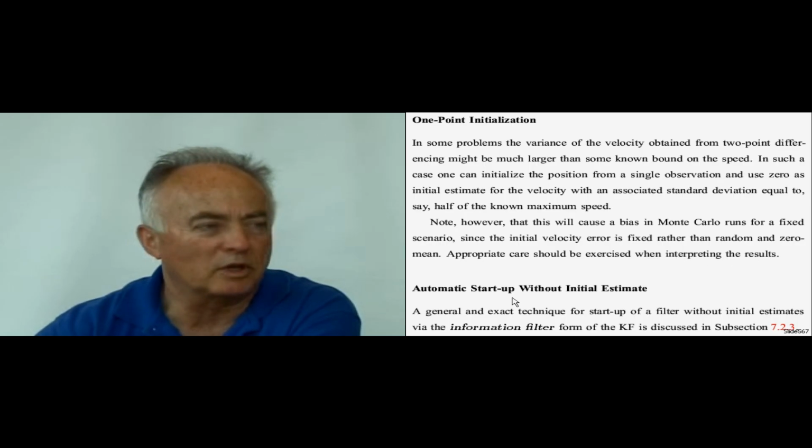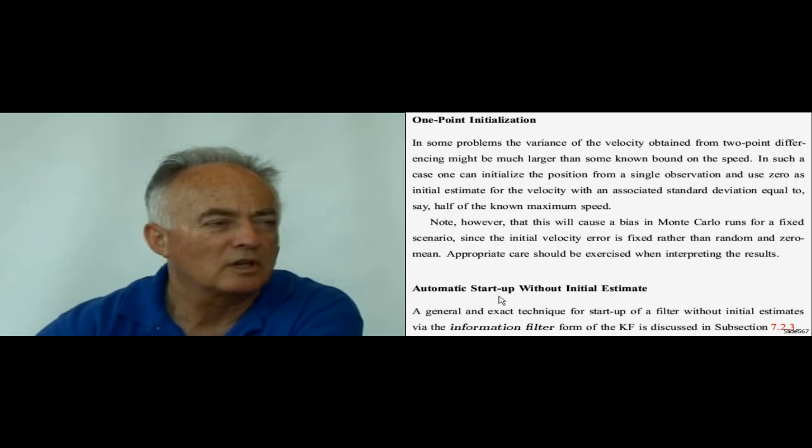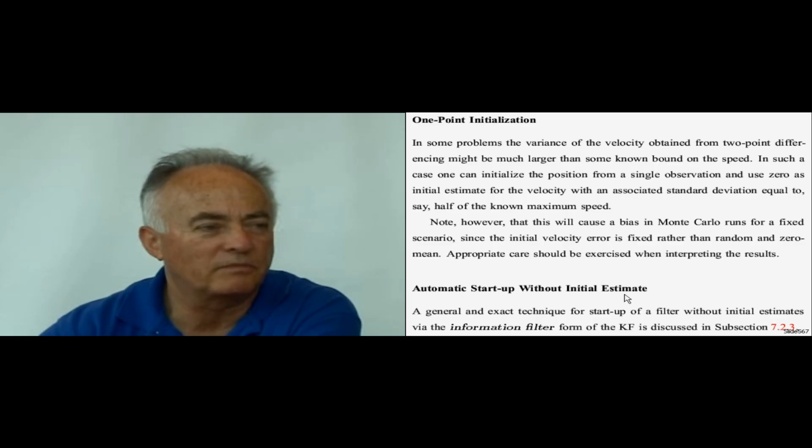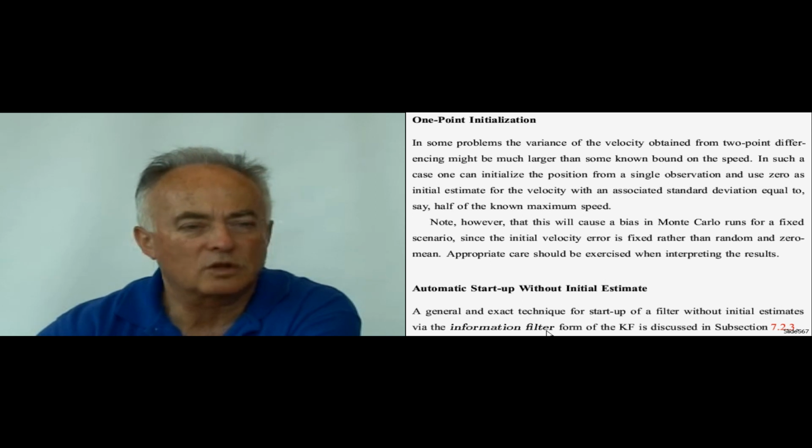Now, there's another way of doing it. You can have what is called automatic startup without any initial estimate. There is a technique to start up a filter without initial estimates, and that's called the information filter. And this is discussed in chapter 7, which in this course we don't have time to cover. Effectively, the information filter does not estimate x hat, but P inverse times x hat.